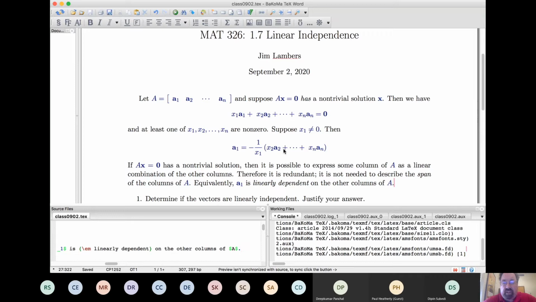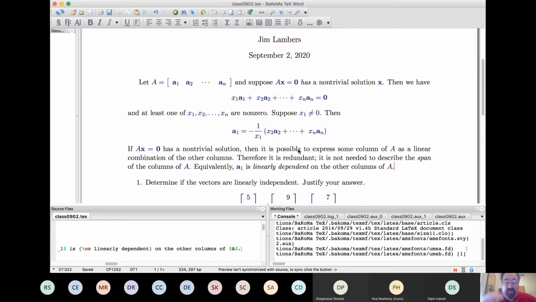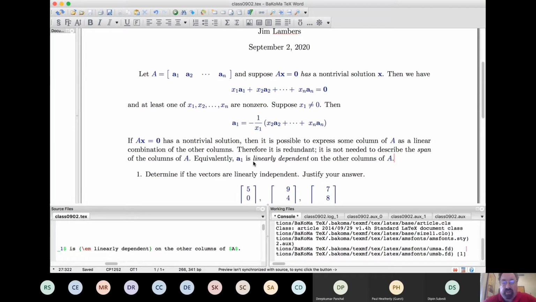I can focus on the rest of them, just because the dependence is already there. Whereas if this was not possible, if there was no such non-trivial combination, then we could say these columns all have some notion of independence from one another. They all are needed to describe all possible linear combinations.